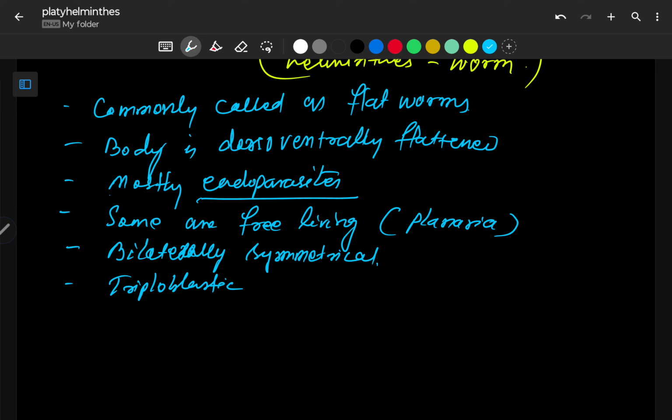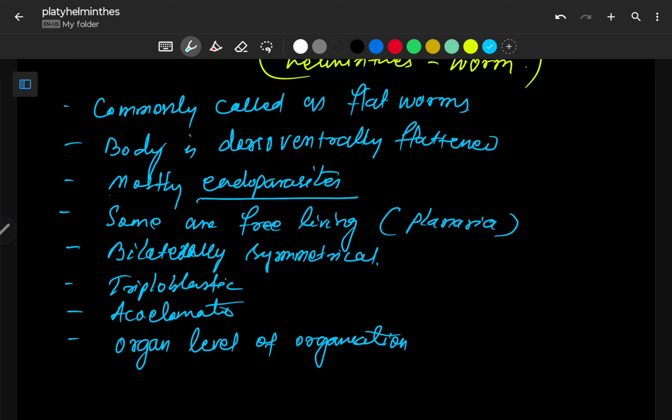I am not explaining what these terms are. They are acoelomates. They don't have a body cavity. Okay, and then they have organ level of organization. Remember, organ level of organization.